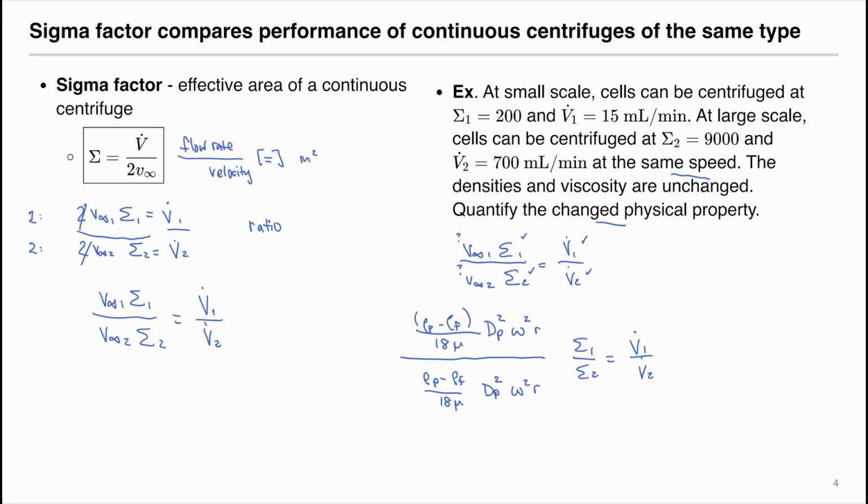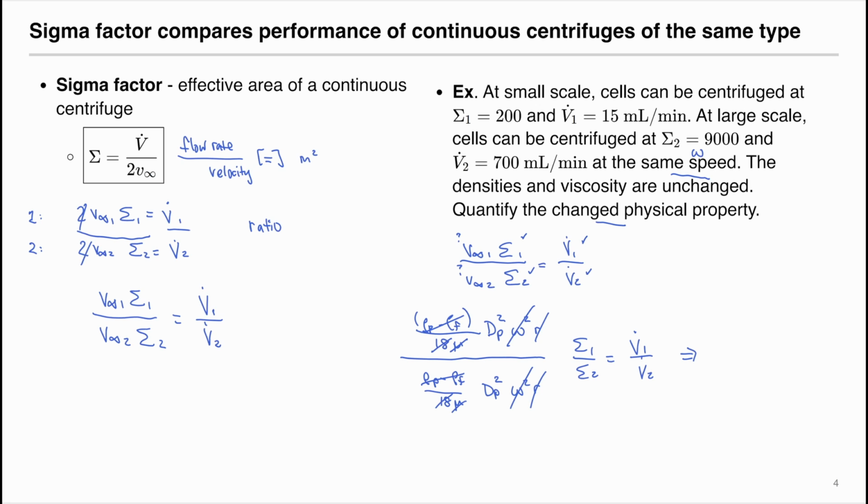Because we're comparing things, we notice that from the problem, the density does not change. So as it didn't change, the ratio should go to 1. The 18 should also cancel out, and the viscosity did not change, so that also cancels. Because they operate at the same speed, they should have the same angular velocity, that cancels out. Because they're using the same centrifuge, the radius should also be the same. They cancel out.